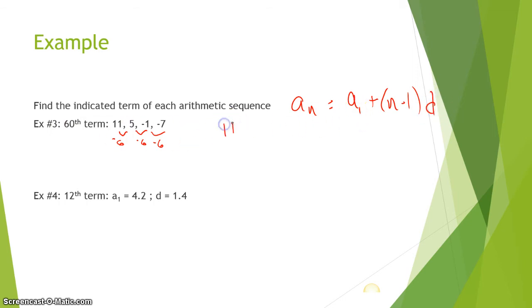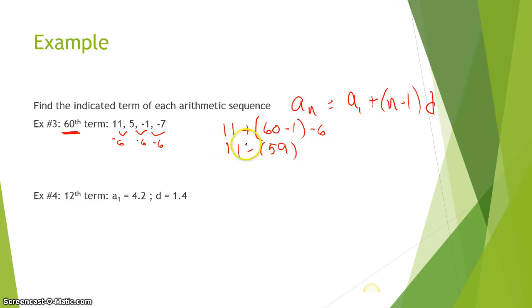So what is my a1 here? That is 11 plus, in parentheses, my n minus 1. What is my n? They're wanting me to find the 60th term, so I would do 60 minus 1 times my common difference. My common difference is negative 6 since we're subtracting 6 between each term here. 60 minus 1 is going to give me 59.